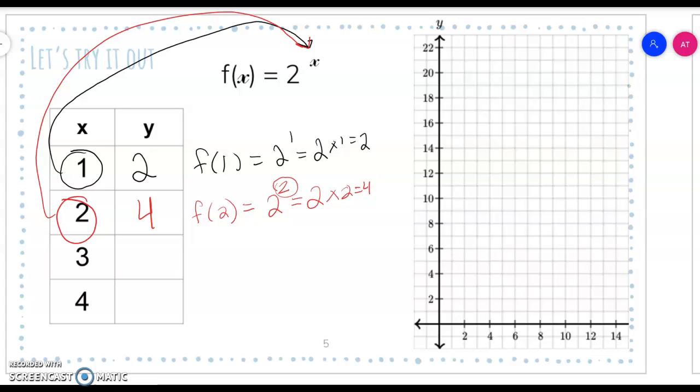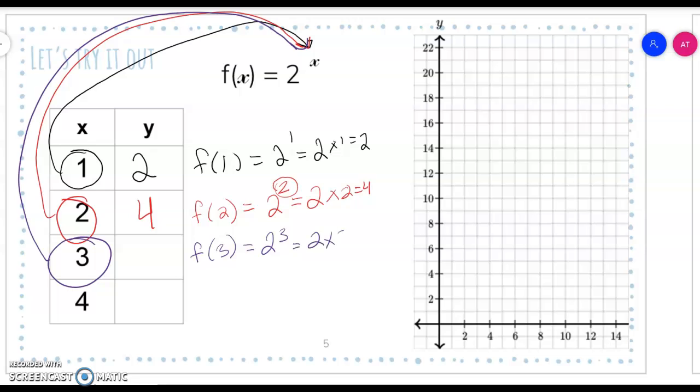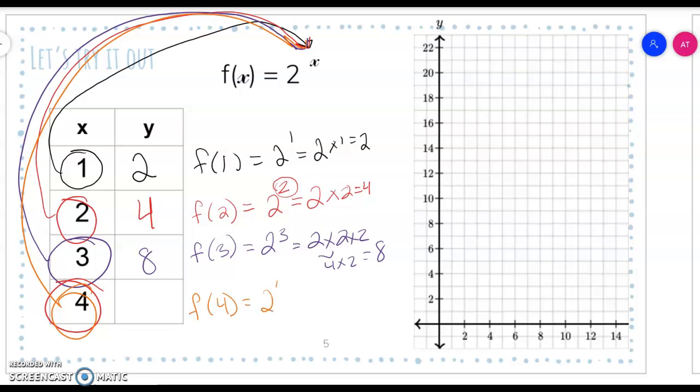I want you to pause the video and try the last 2 and see what you get. Alright, so f of 3: what we're going to do is take 2 times 2 times 2, and you should have gotten 8. Now the last one, number 4, I have f of 4 equals 2 to the power of 4, which means I'm taking 2 and multiplying it by itself 4 times.